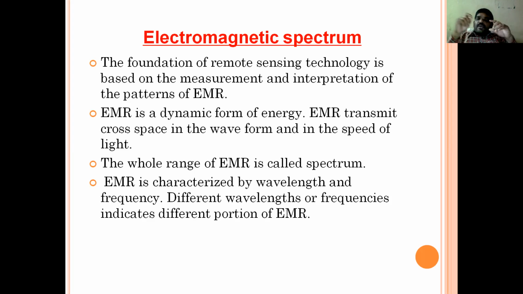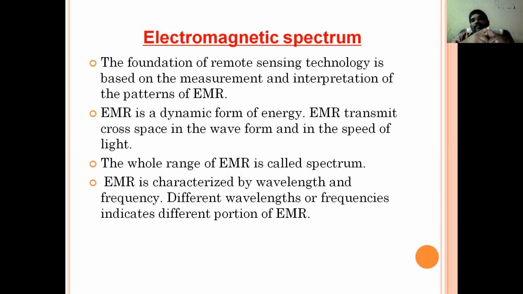Simply, the drawing of different wavelengths and different frequencies onto a plane sheet can be defined in simple words as the electromagnetic spectrum, or bringing the wide range of frequencies onto a plane sheet.